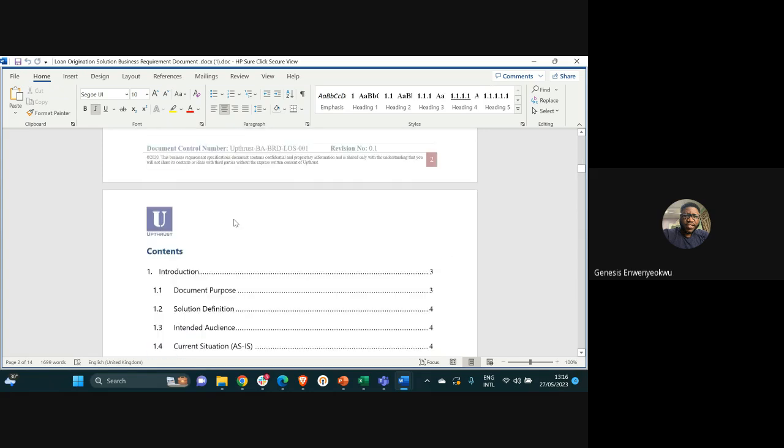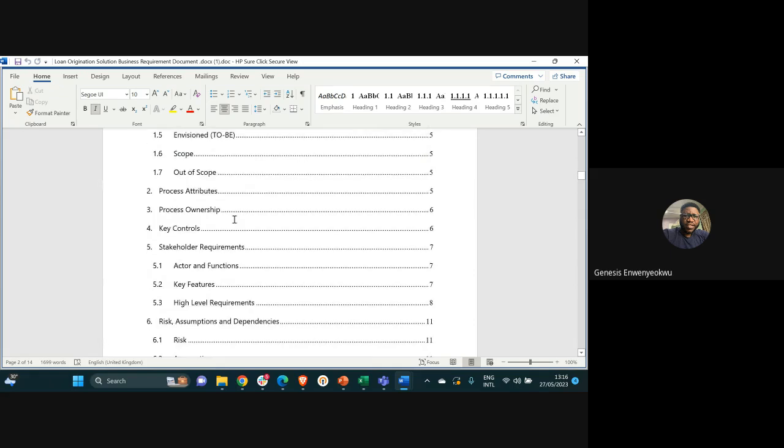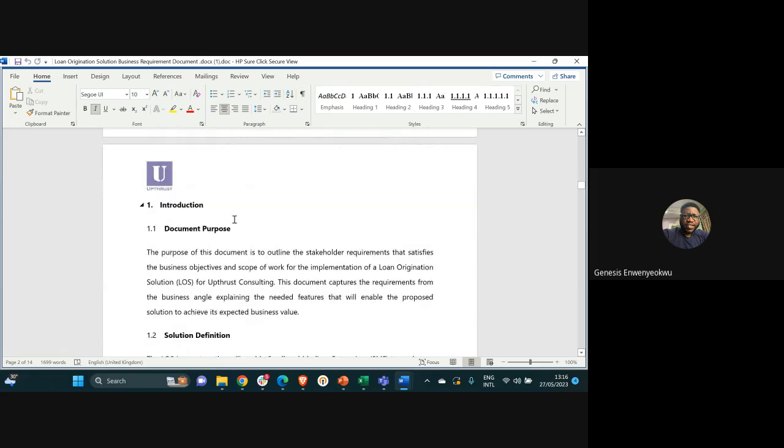After that, you go to the table of contents, and then you go into the main document itself. So we have the introduction. Inside the introduction section, we have the purpose of the document, which is the purpose of the BRD. You don't assume that everybody should know what the purpose of this BRD document is, right?